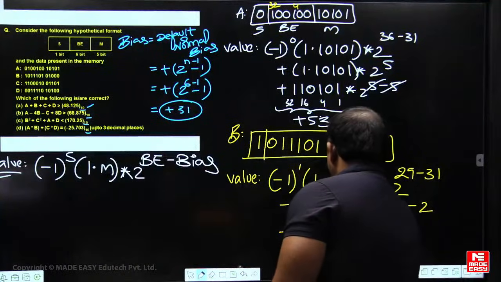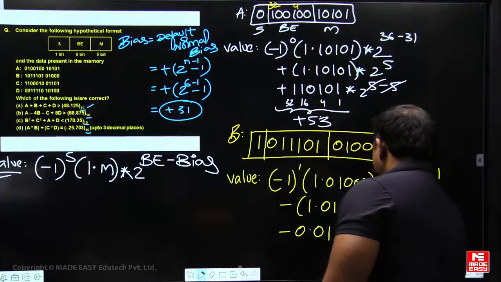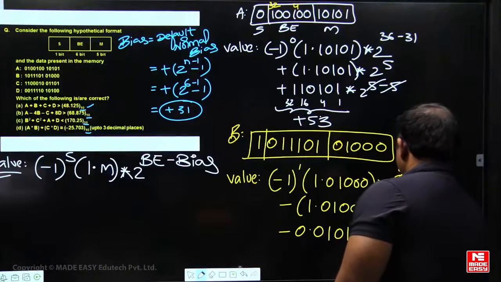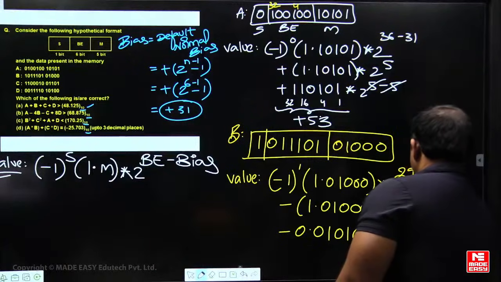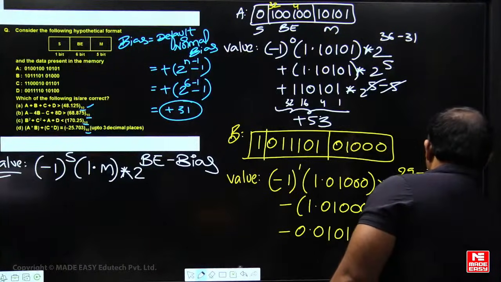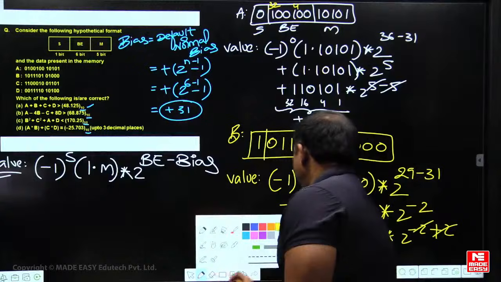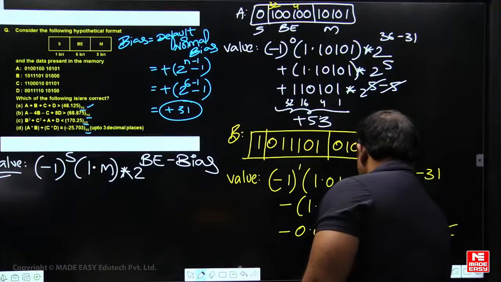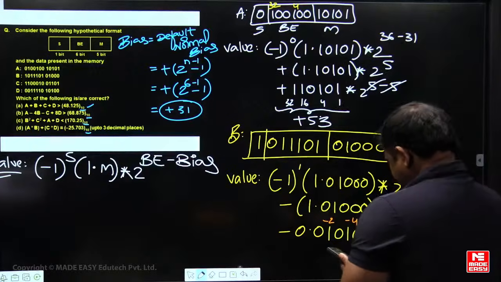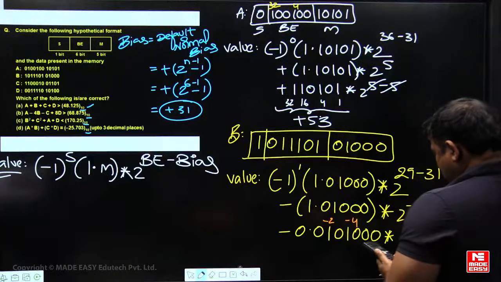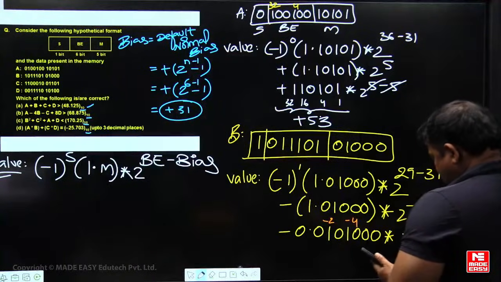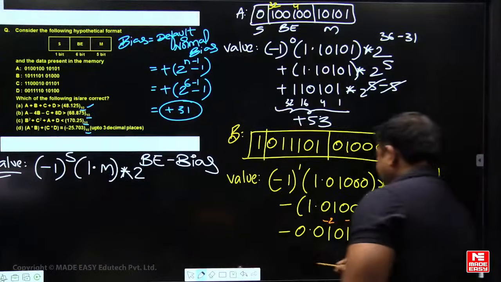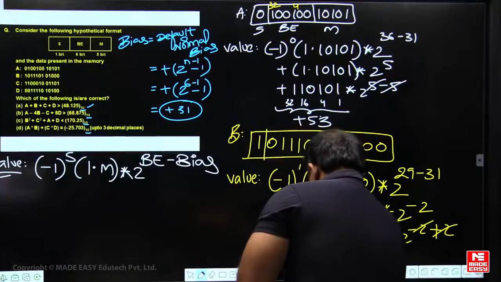So minus 0.01010000 into 2 power minus 2 plus 2. Now find its value. Minus 2 minus 1 is minus 3. So this is 1 upon 4, 0.25, plus 1 upon 16. Now this is minus 0.3125.